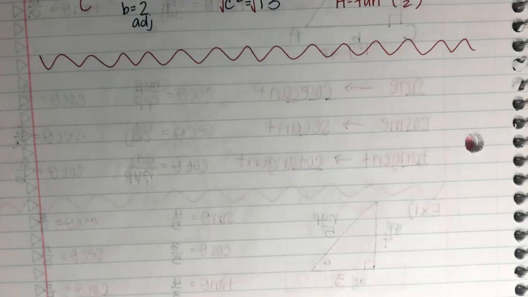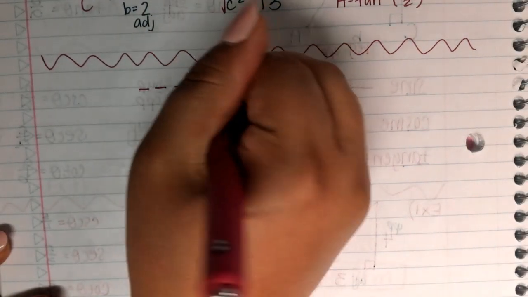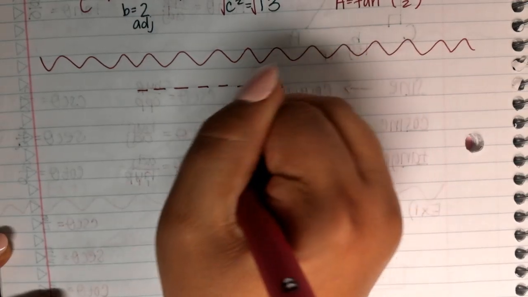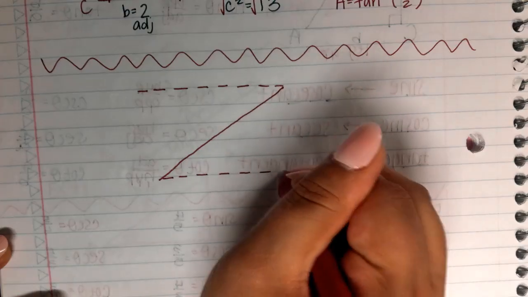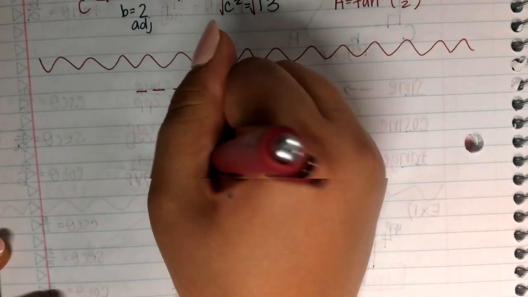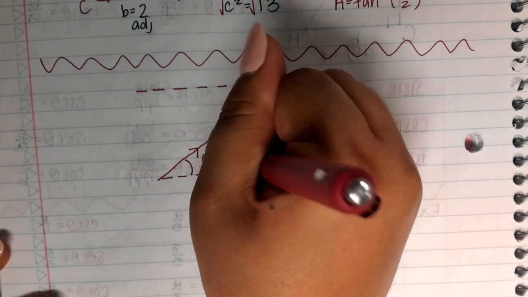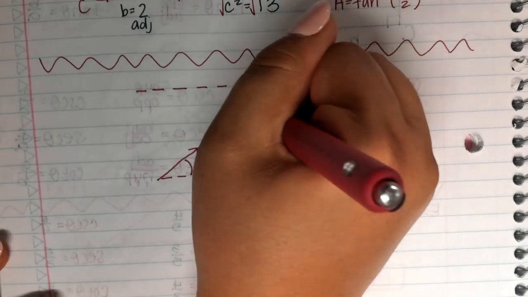The key thing you need to know is an angle of elevation and an angle of depression both go with the horizontal line. Elevation goes up, and your angle of depression goes down.